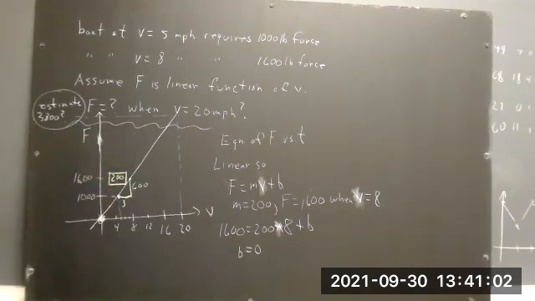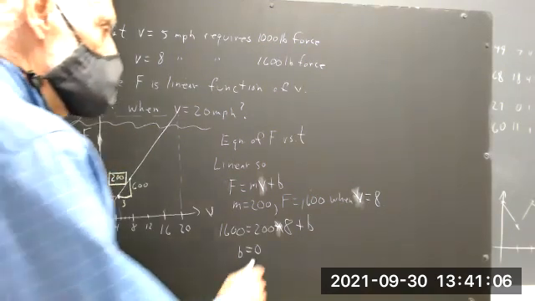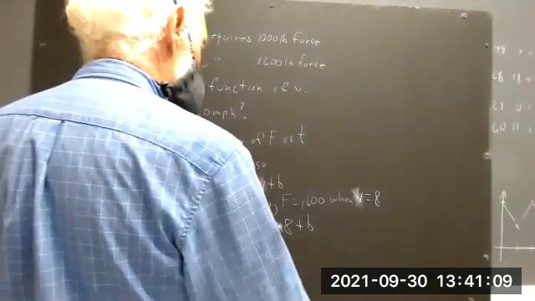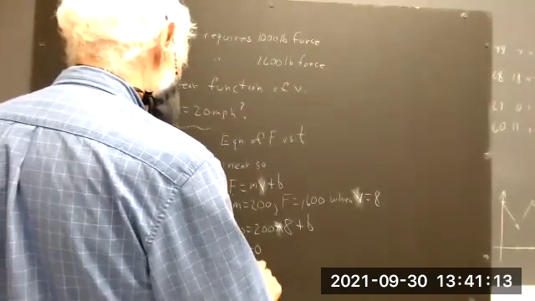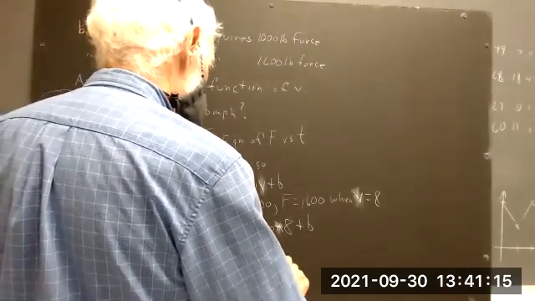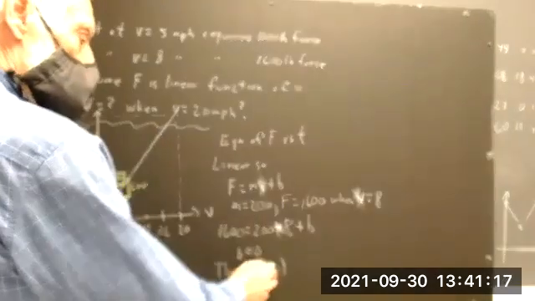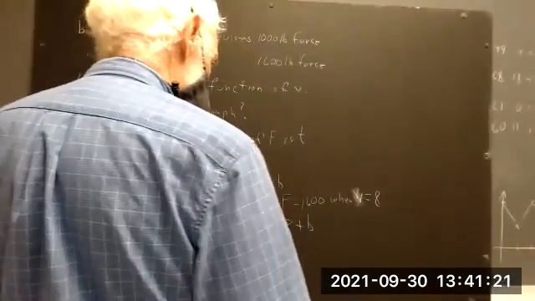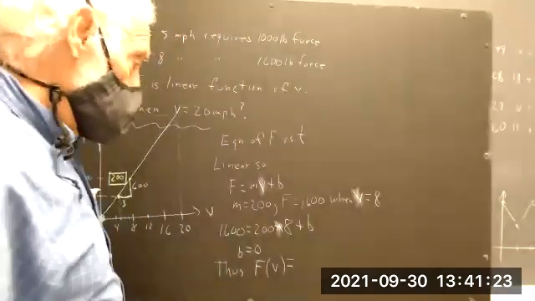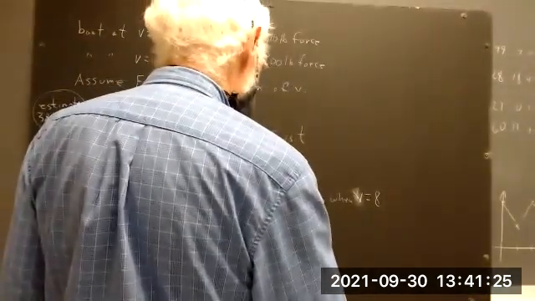Okay, that goes through the origin. Now, F is a function of V, so I'm going to write F of V, emphasizing that it's a function of V, and that's 200V.